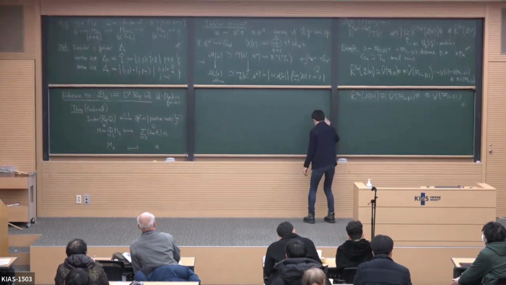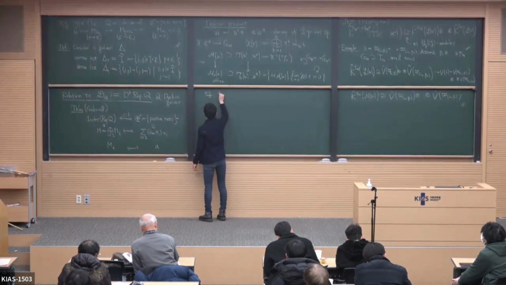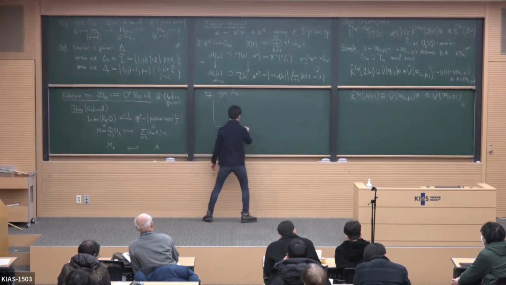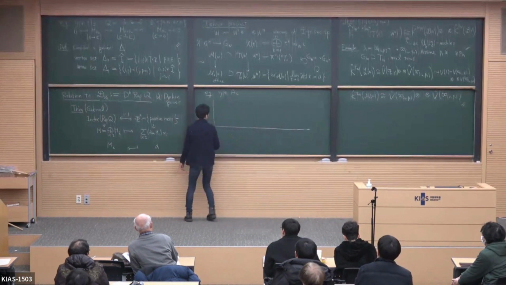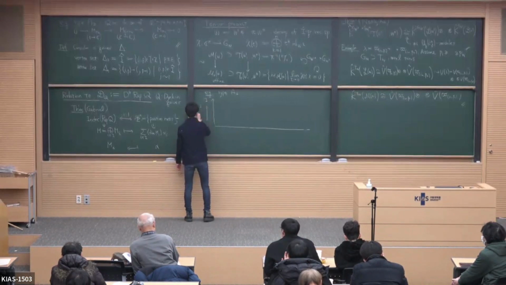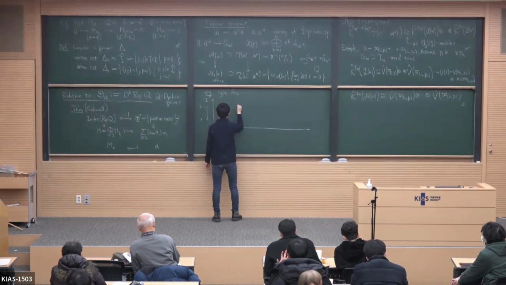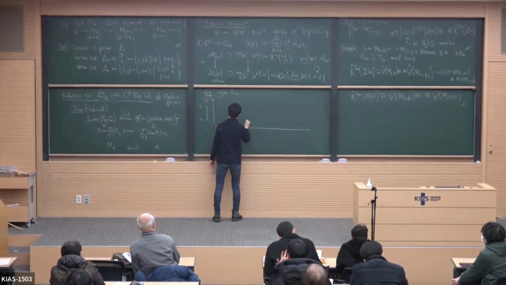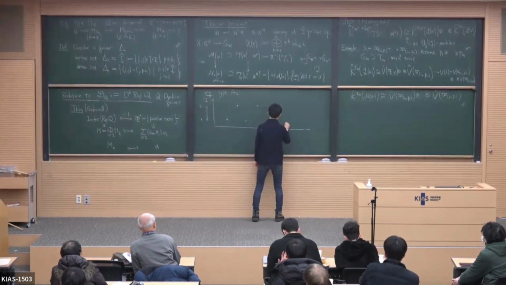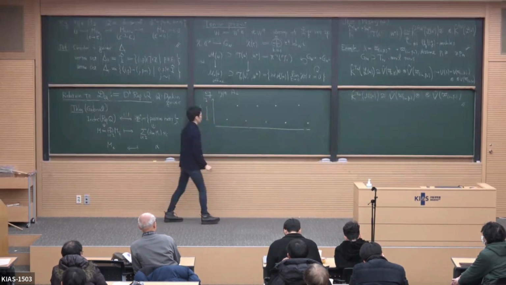So, in an example, again in type A2, the set I hat is given by, so this is the I direction, and we have the vertex set for this quiver.